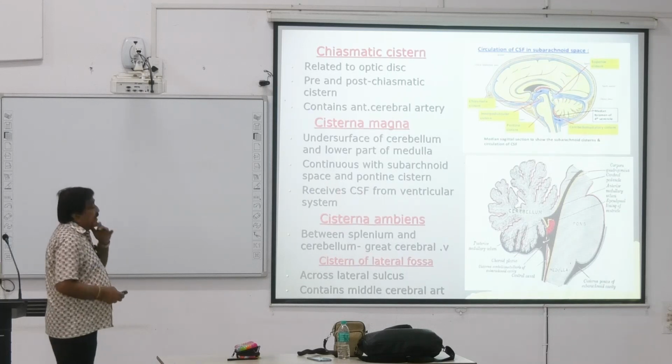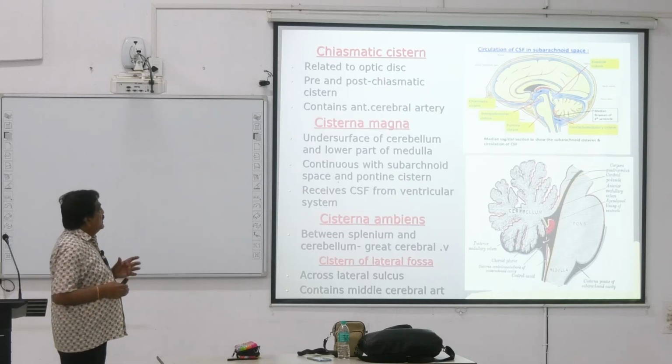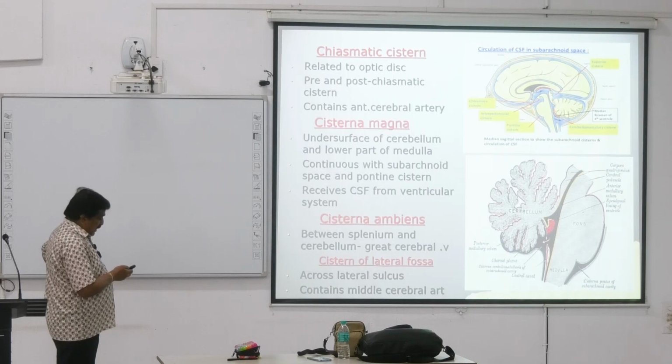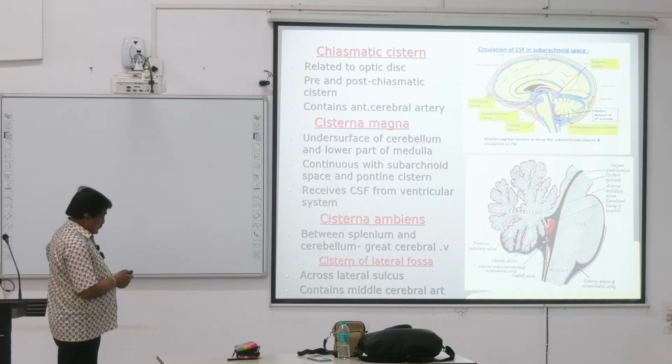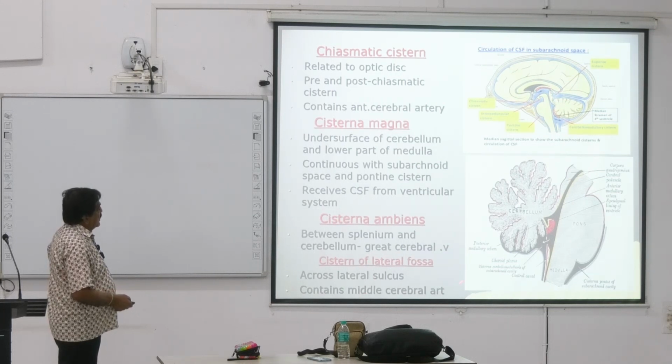So, if there is an increase in pressure of the CSF, then these parts of the brain will be affected. Now, the cisterna ambiens lies between the splenium and cerebellum, with the great cerebral vein. The cistern of the lateral fossa, across the lateral sulcus, contains the middle cerebral artery.